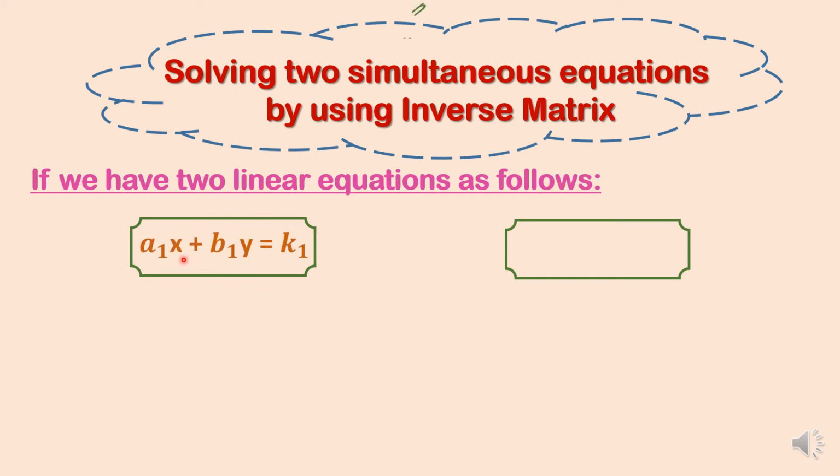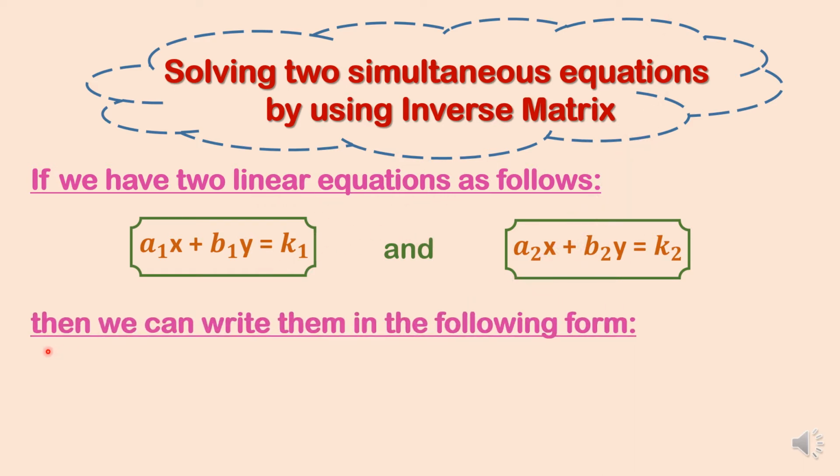The first one is a1x plus b1y equals k1, and a2x plus b2y equals k2. These are the two linear equations.